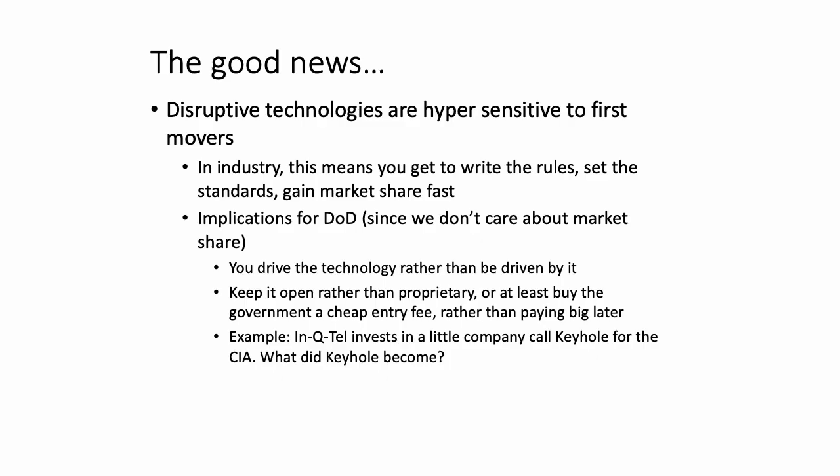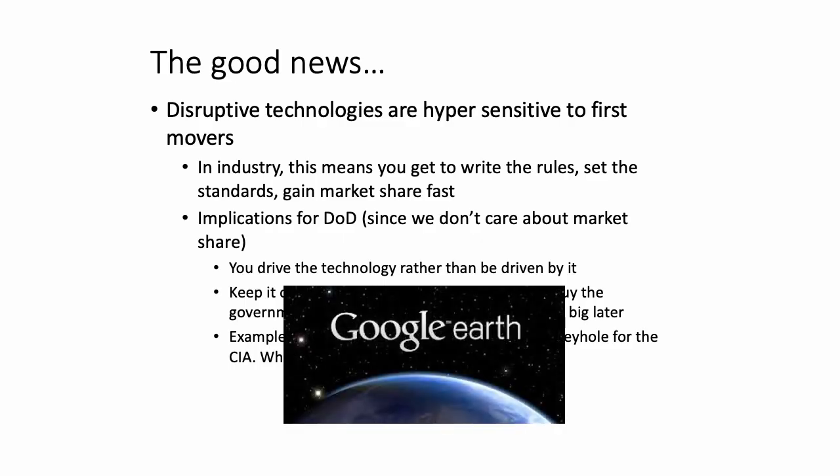Because if you play the waiting game, as we'll see in a minute, you got to pay the same cost everybody else has to pay, and it can be steep. Now, there's a venture capitalist firm called In-Q-Tel, it's a part of the CIA, that is famous for investing in a little company called Keyhole that you might have heard about. And Keyhole became Google Earth.